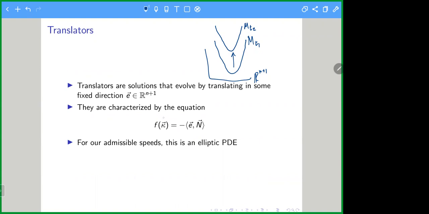I'll not go into the derivation of this equation, but in general your translating solutions obey this PDE: the speed of all the principal curvatures is equal to minus the translation direction, which I'll call E, inner product with the normal at that point, which should equal the flow speed. So this is in general an elliptic PDE. At least for the speeds that I consider, this is an elliptic PDE.